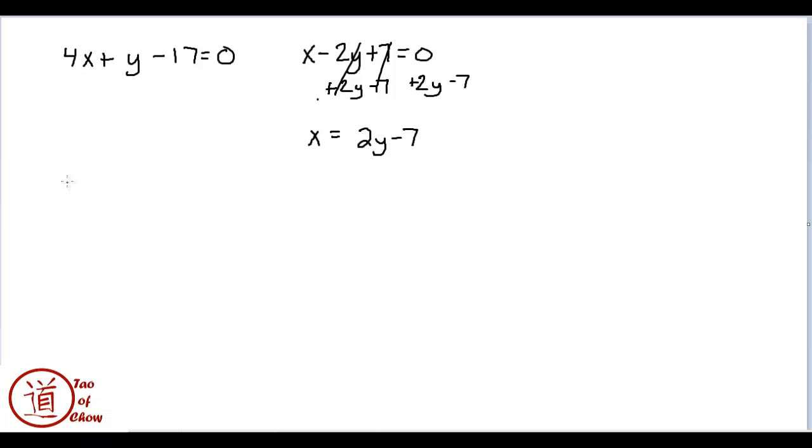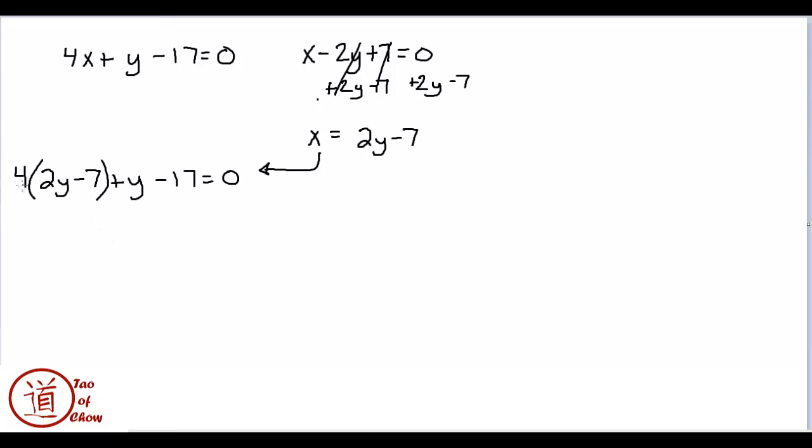Now I come back over to this equation, and I see that I have 4x plus y minus 17 equals 0. Once again, I know what x is, so I can just take this and slot that in. Now don't forget the brackets. That's very important.